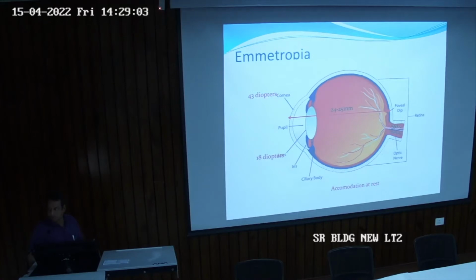What is the anterior segment? Anterior segment includes structures up to the lens, including the lens or anterior to it, meaning lens, iris, anterior chamber and cornea. These structures will come in the anterior segment. In the posterior segment, vitreous and retina.